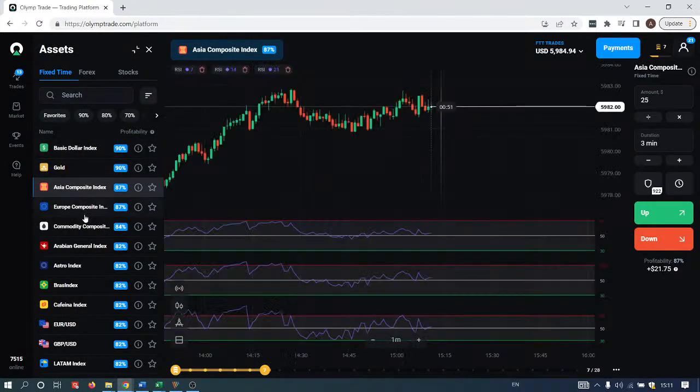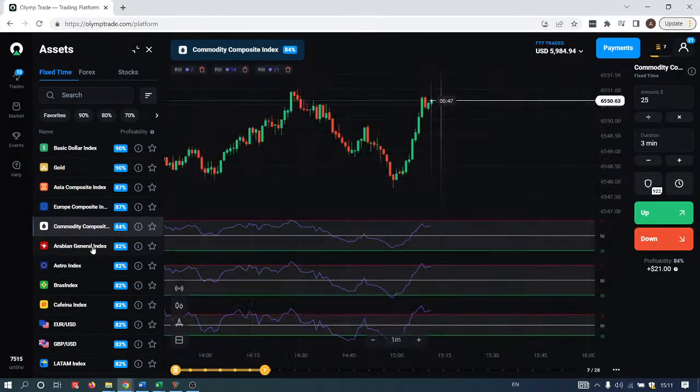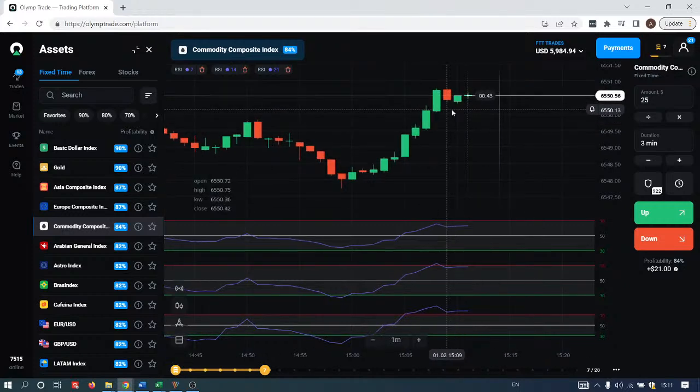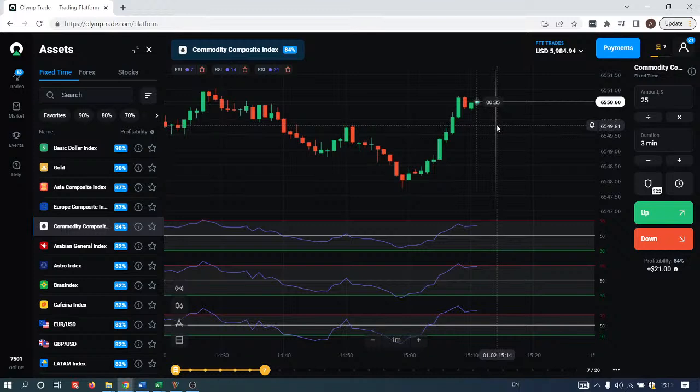One thing that some traders don't like about this strategy in particular is that we don't have that many trading signals.